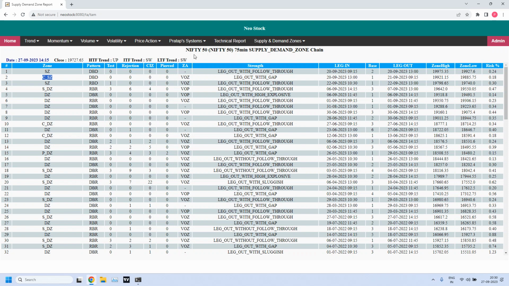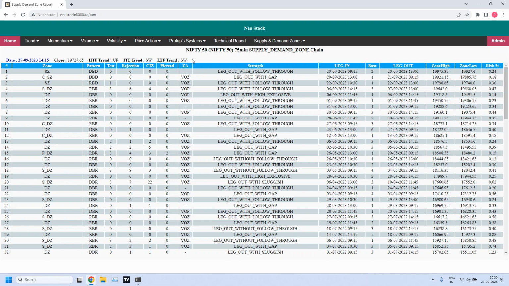Okay, now we have seen the 75 minutes trend has changed to sideways. Let us see whether on 25 minutes the trend has changed to uptrend, or is still sideways or downtrend.